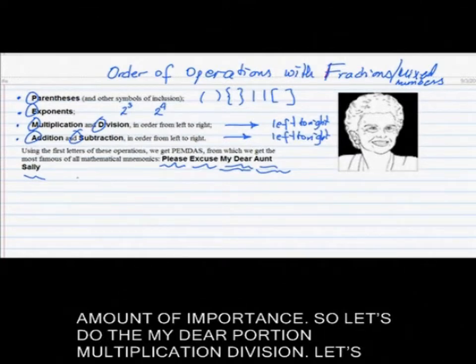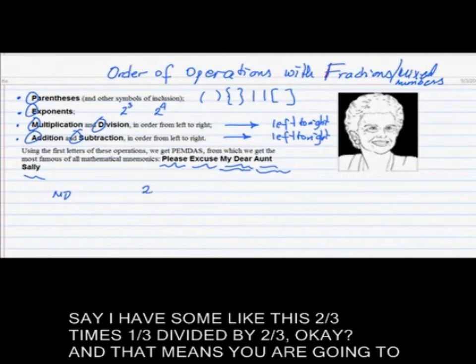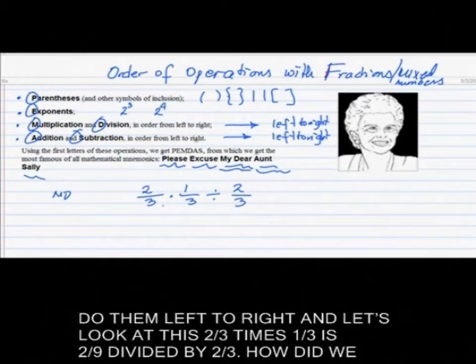So let's do the my dear portion, multiplication and division. Let's say I have something like this: 2/3 times 1/3 divided by 2/3. That means you are going to do them left to right. 2/3 times 1/3 is 2/9, divided by 2/3.